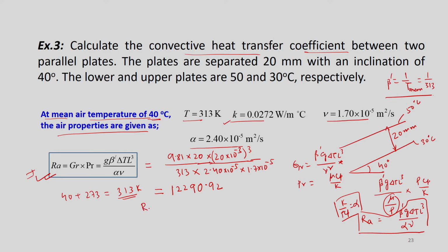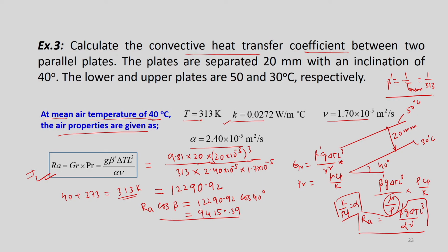Then we will calculate Ra cos beta. This is 12290.92 and cos beta, where beta is 40 degrees, so it will come to a value of 9415.39.